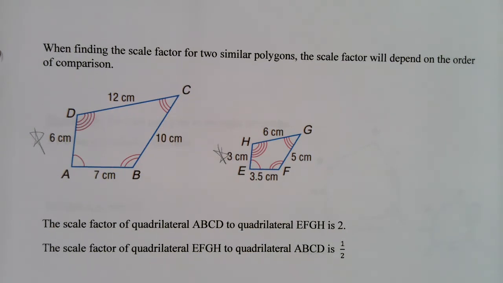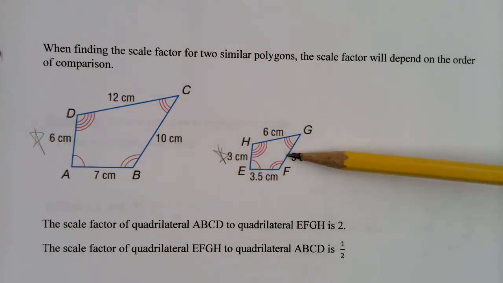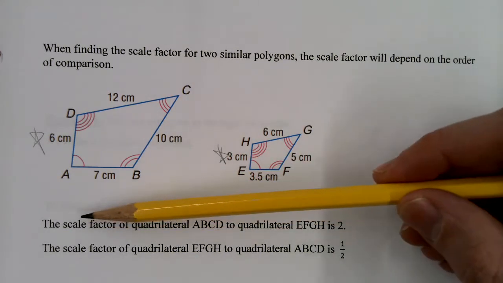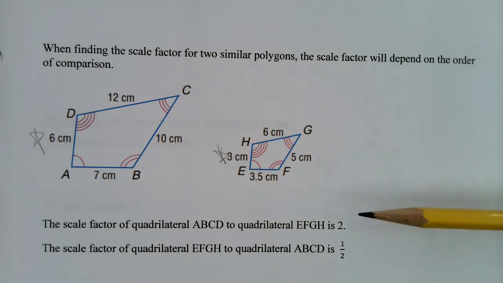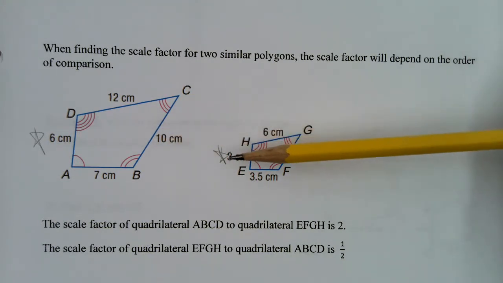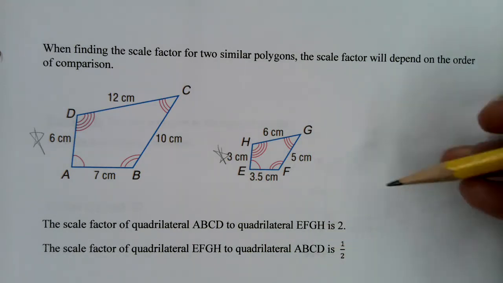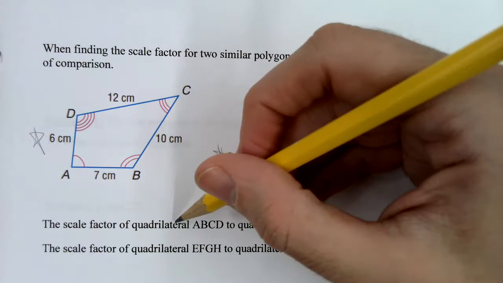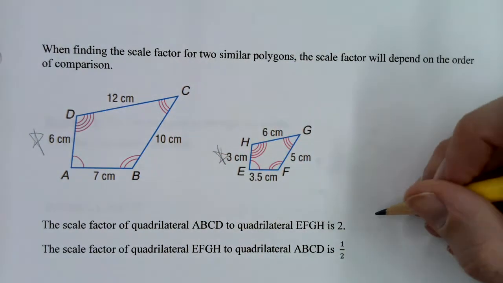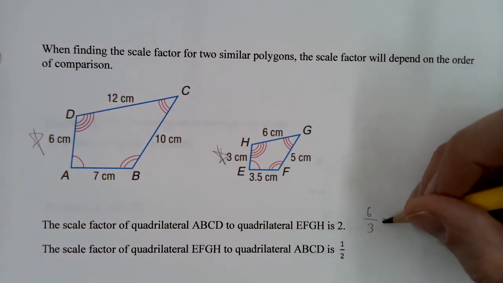If I say, what is the scale factor from this figure, ABCD, to this figure, the scale factor would be 2. The scale factor of quadrilateral ABCD to quadrilateral EFGH is going to be 2, because the scale factor for similar polygons is basically like you're saying this over that. So I would say 6 over 3, which simplifies to 2.